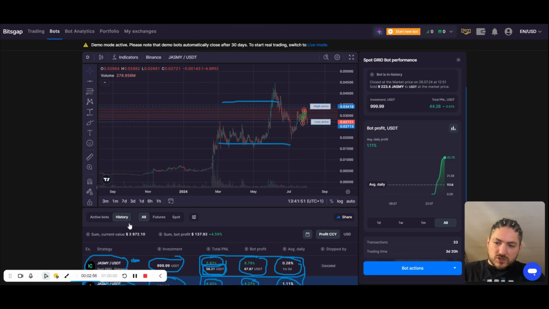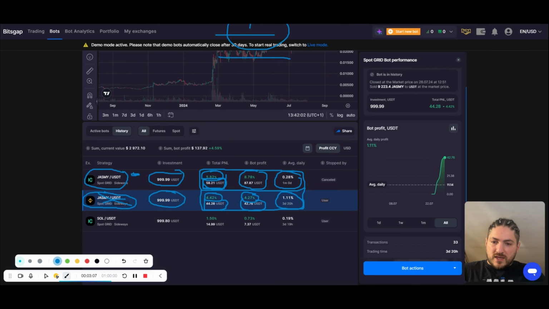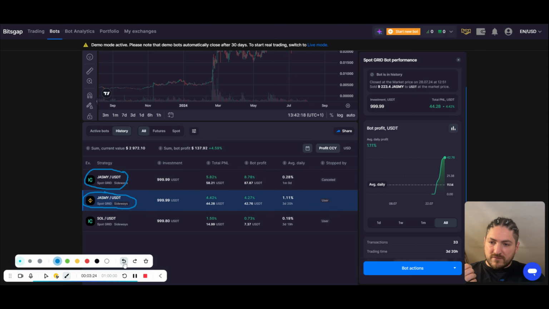So the total investment of 1,000 was tied into this small grid, and that's why it did more profit. Now, it is very risky, this one, and it's something that I'm just trialing on a demo. That's why I've done it on demo. It's not something that probably I would take into the real live account, but it does show that if you do your backtesting properly, you can generate more profit on the same asset. Yes, so let me just clear this out before we move on to the live account.